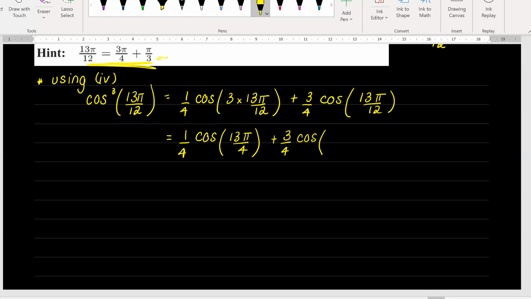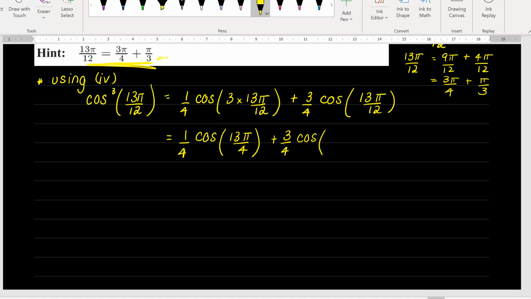I know it's hard with the yellow on white, but 13 pi on 12, we can break that up to be 9 plus 4, all over 12, and that gives us ones that we know. So 3 goes into 9 3 times and into 12 4 times, and this one becomes pi on 3. So these are now radians that we know exact values for cos theta and sin theta.